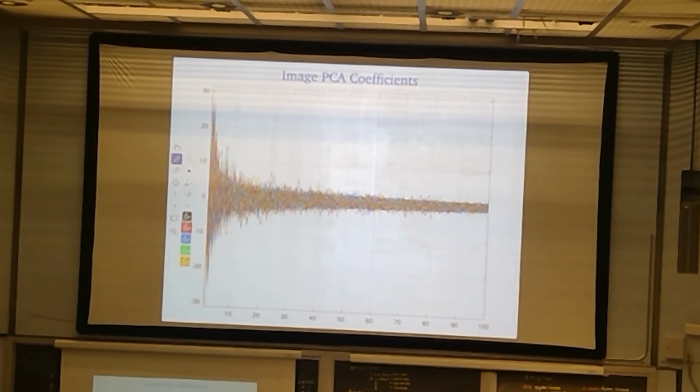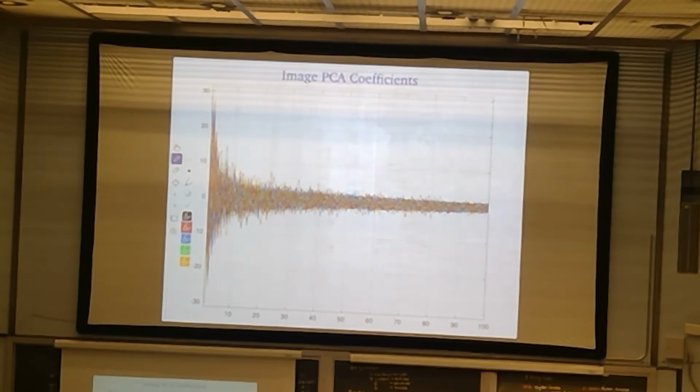Each colored line is the coefficient corresponding to one single image. So each image can be projected onto these 100 axes. Each projection gives you 100 coefficients, right? So I link them. I'm recycling the color, but if I have 200 images, there are 200 lines there.